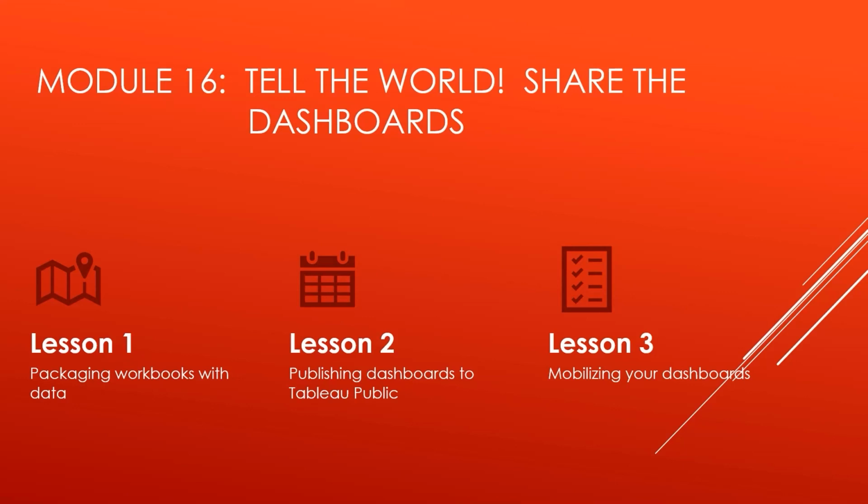And when we tried to publish it, we got an error message. And the error message basically led us to having to create an extract in order to be able to publish to Tableau Public. So we were successful with publishing it, and we viewed it on Tableau Public. And you saw that people can share from there, they can download it, so on and so forth.